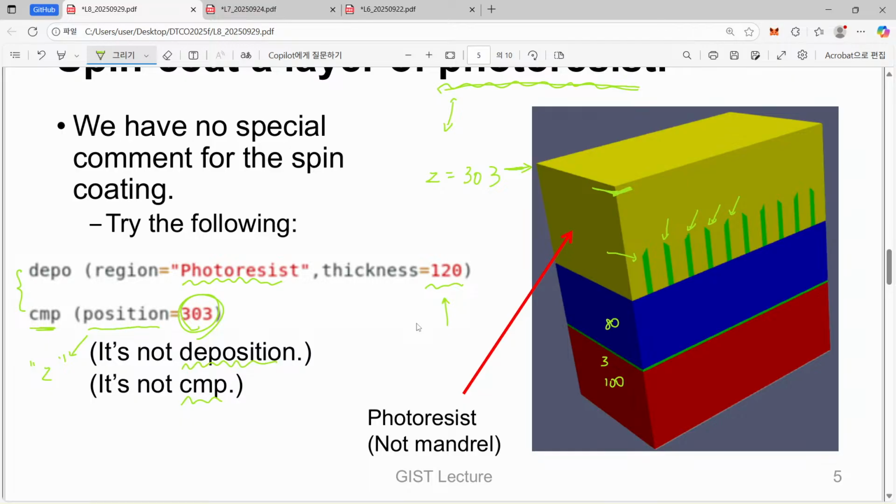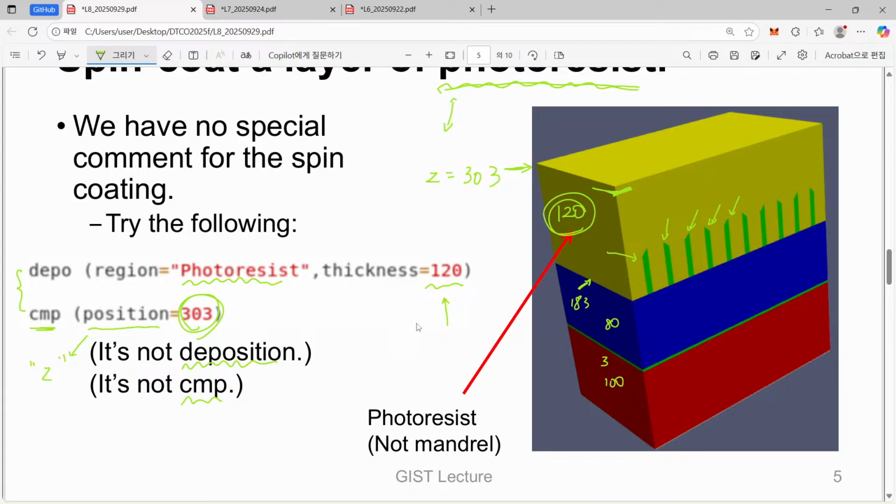Then the coordinate at the top of our hard mask layer will be 183, and you have just spin coated a 120 nanometer thick photoresist. That's the reason why I selected 303. Then of course you can ask me why did you select this thickness as 120?